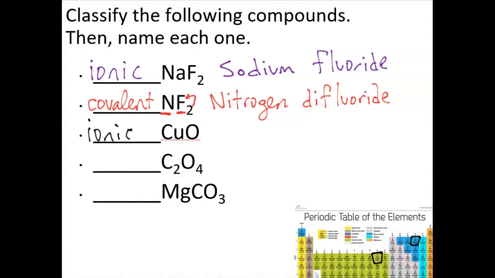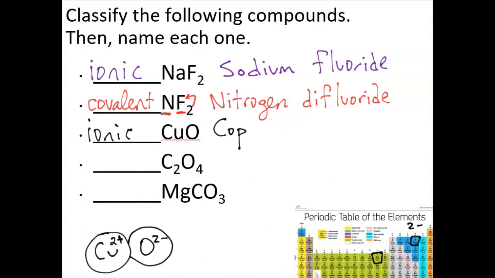To figure out the charge, just draw the formula unit. Find the charge of the other element. In this case, oxygen has a charge of 2-. If that's 2- and there's just one copper, we know the copper must be 2 positive. And so that's how I know I'm going to put a Roman numeral 2 after copper in the name of this one. I'll call it copper, Roman numeral 2, oxide.